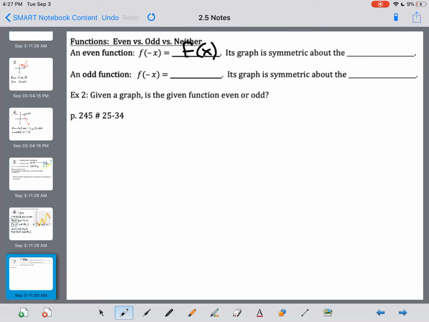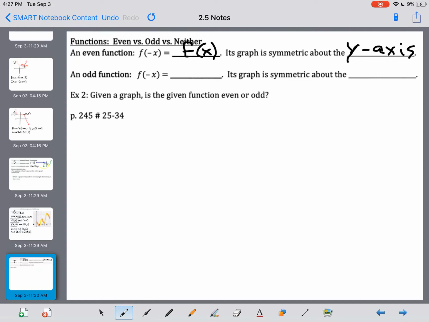We tried this already, okay, when we looked at symmetry, okay? An even function is symmetric across the y-axis. Okay, an even function is symmetric across the y-axis.